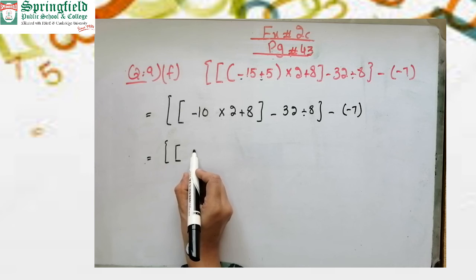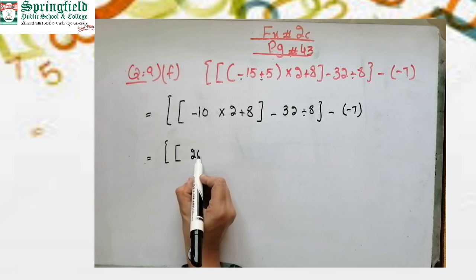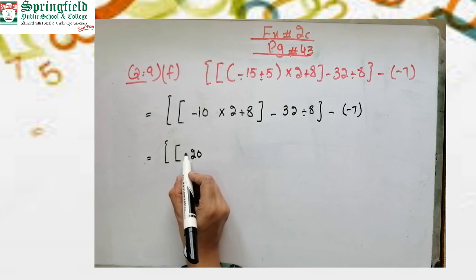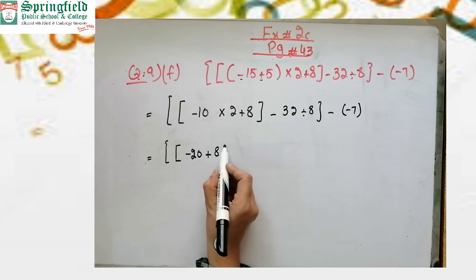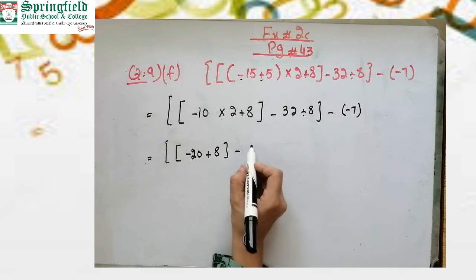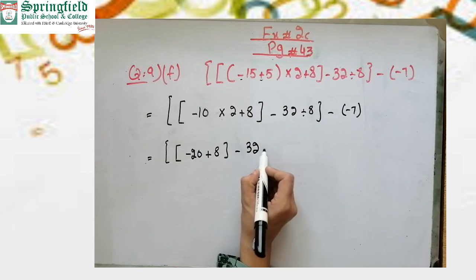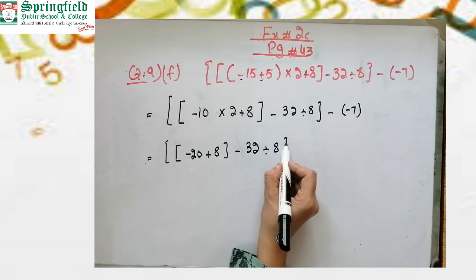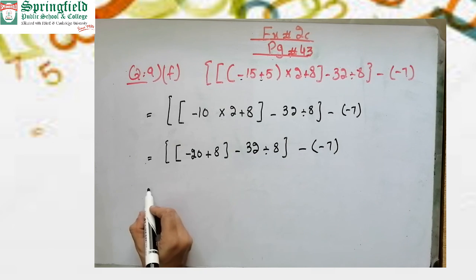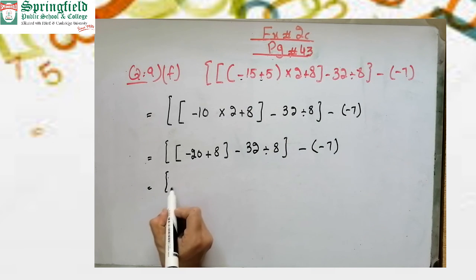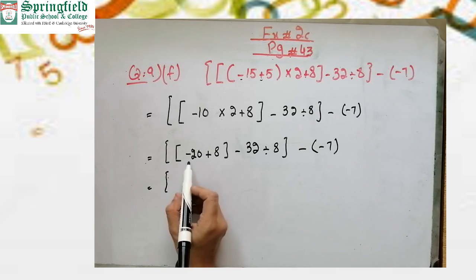What will be the answer? 10 multiply 2, 20, minus plus minus, then plus 8, then square bracket close, minus 32 divided by 8, then curly bracket close, minus 7.